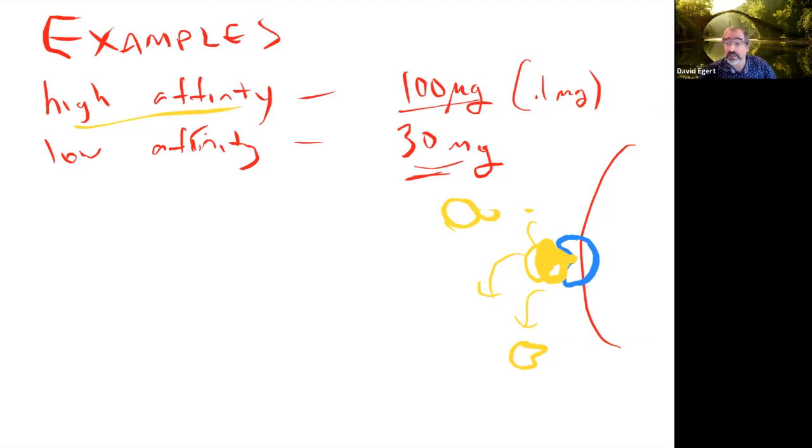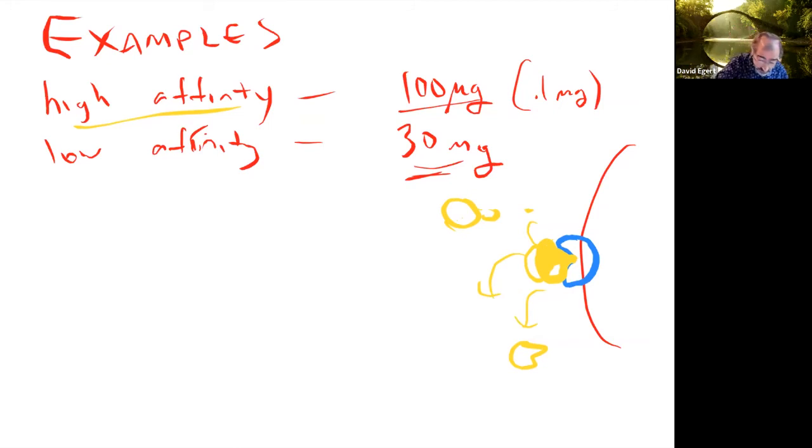Things like psychedelics. If you want to trip with mescaline, you're going to need at least 200 milligrams or something. Whereas you can have a very strong trip with only about 100 micrograms of LSD. So over a 300-fold difference in how efficient this molecule is in activating the pathways.